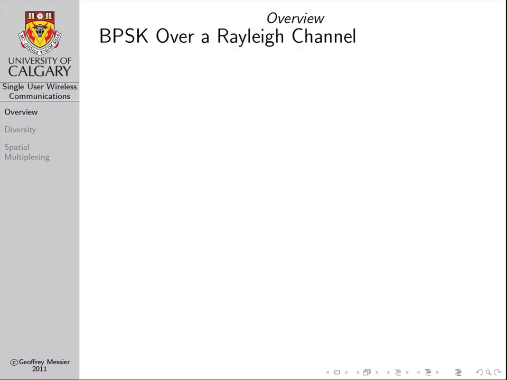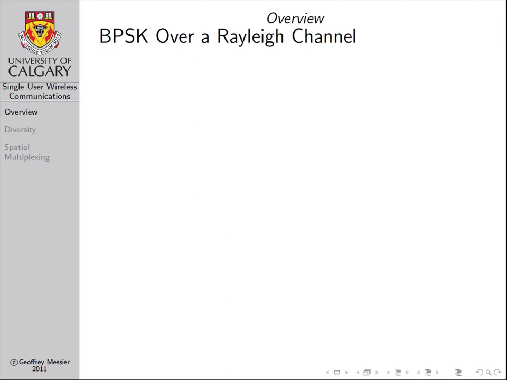So a good place to start when discussing wireless system design is to derive the probability of error for BPSK over a Rayleigh channel. Basically, what this derivation is going to show us is the performance degradation caused by Rayleigh fading distortion. And this is going to lead us into the whole mindset that fading is bad and that we need to remove or eliminate it somehow, which nicely leads us into the discussion of diversity techniques.